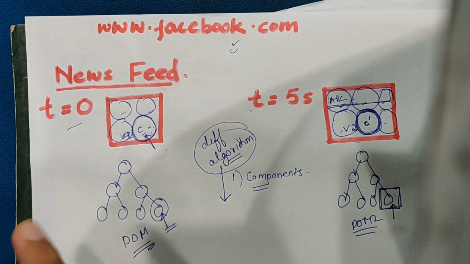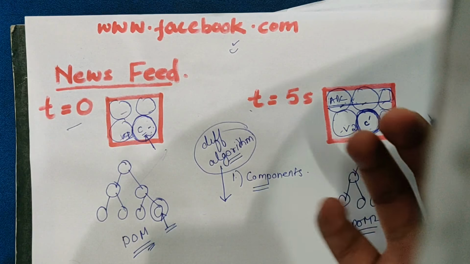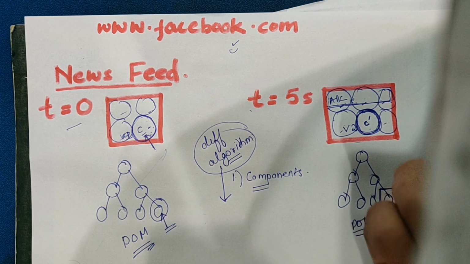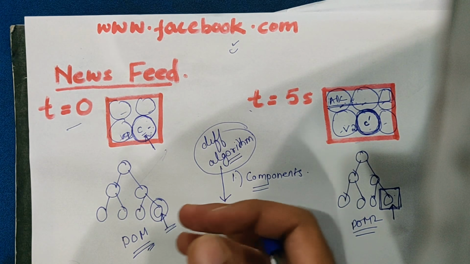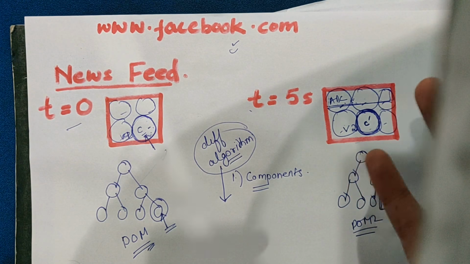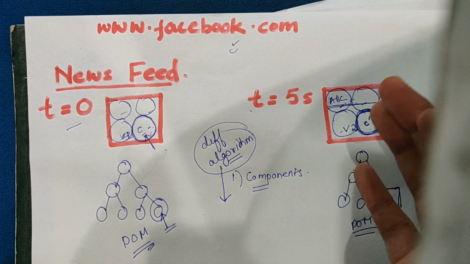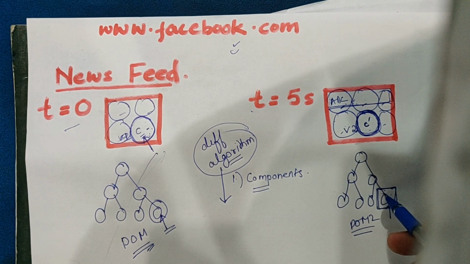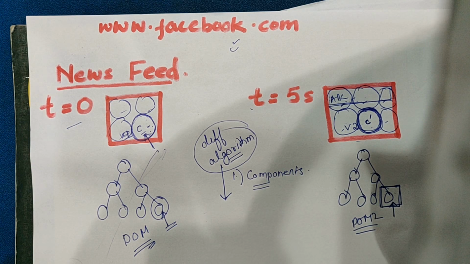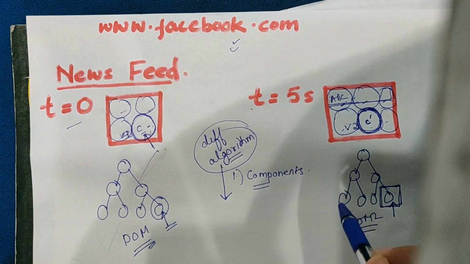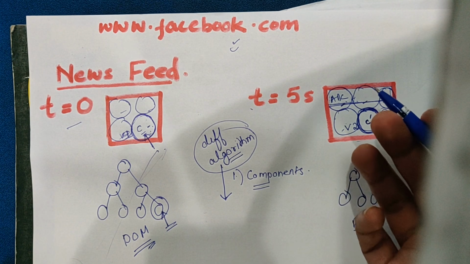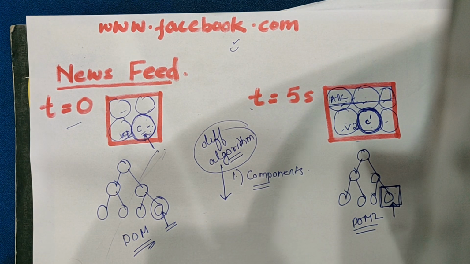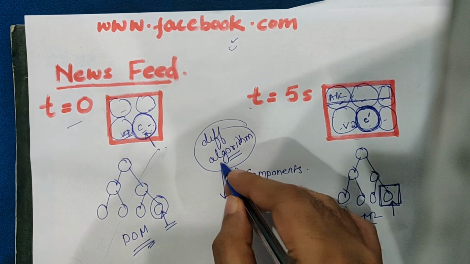Remember that updating the actual DOM of the browser is costly. Destroying the whole DOM and recreating it is not an option, it is a costly option. So React does not choose this option. React has a different way of handling this update, and that is the only thing which is special about React. So let's see this diff algorithm.